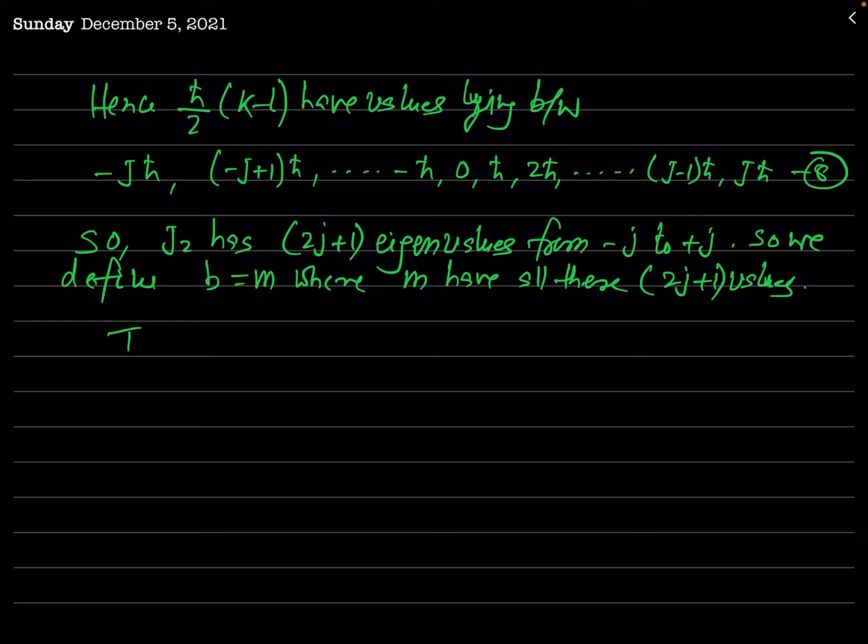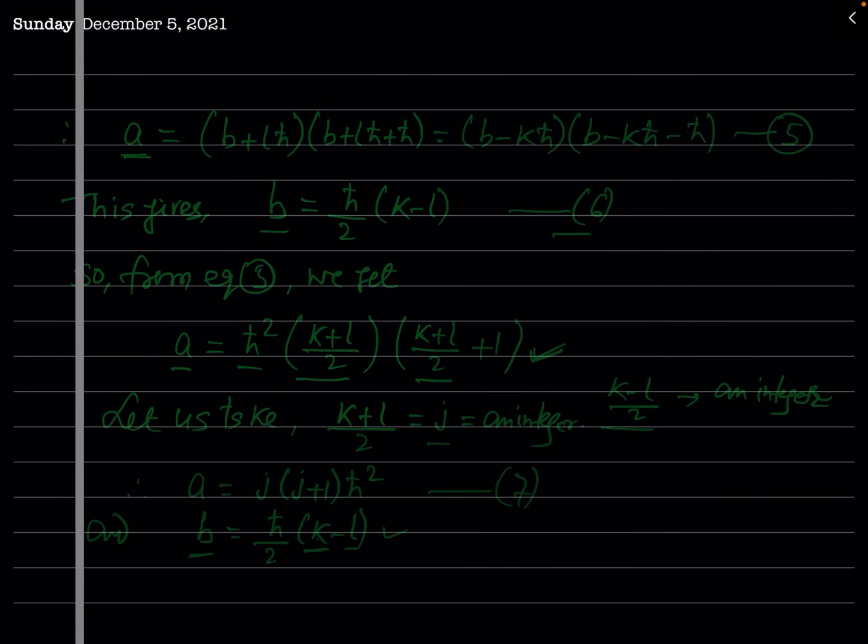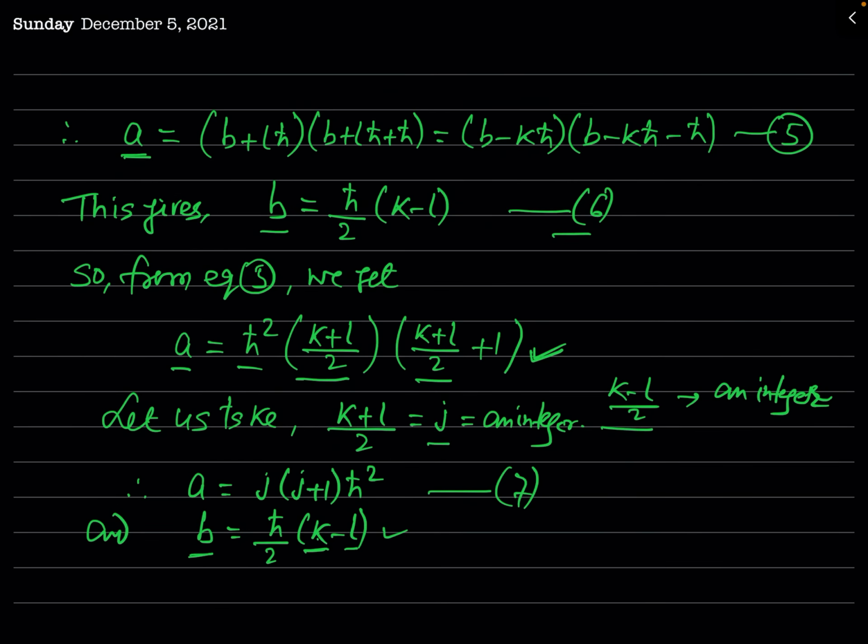So finally you can see that the eigenvalue equation of these operators J square and Jz can be written like this. You have seen that the eigenvalue of the operator J square is a, and we have obtained that this a is equal to j times j plus 1 h bar square.